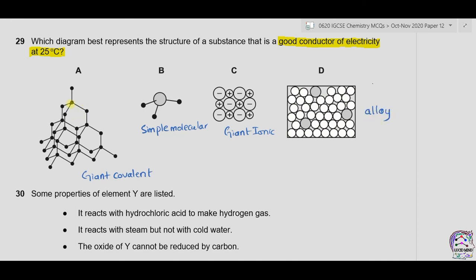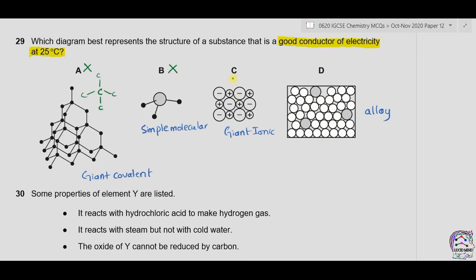Now in A we can see that each atom is making 4 single covalent bonds. So it could be carbon making 4 single covalent bonds with other carbon atoms. As there are no free electrons, so A is a bad conductor. B is simple molecular substance which is also a covalent compound. It has no free electrons, so B is also a bad conductor.